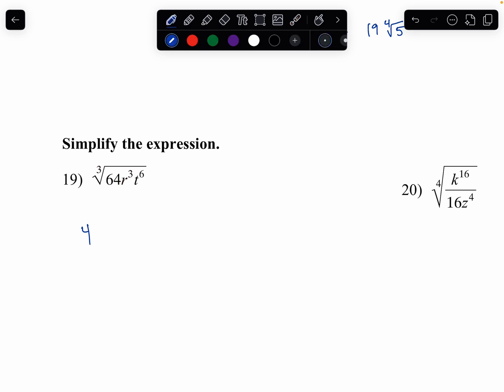And so I can say r, and then there won't be any r's left over. So those are gone. And then how many times does 3 go into 6? It goes in twice. So then I'm going to have t to the power of 2, and nothing's going to be left inside the radical. And so there's no radical anymore. This is what I get when I simplify it.